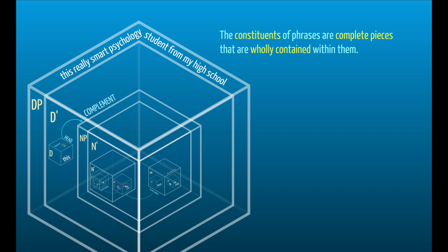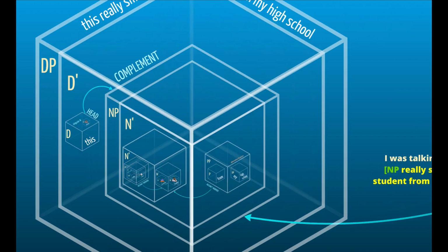For example, really smart psychology student from my high school, which is the entire complement of this, is identifiable as a constituent because it can be related to the pronoun one, whose function is to identify nominal phrases in the prior discourse that we don't repeat in order to keep our communication concise.